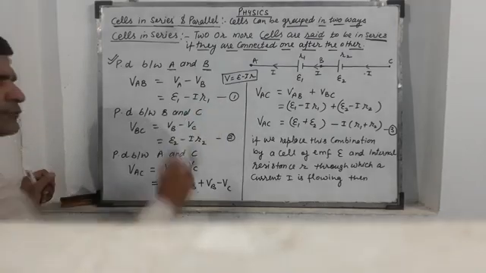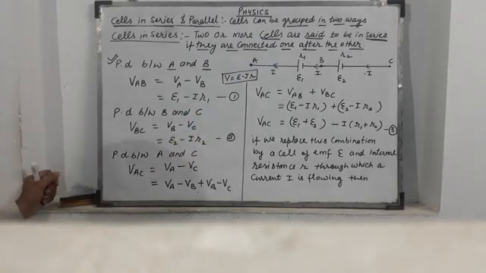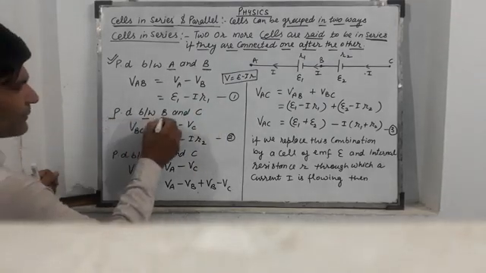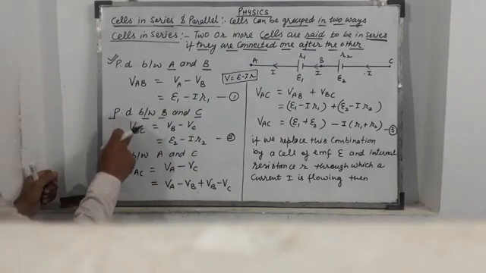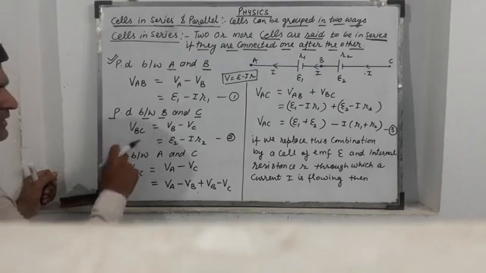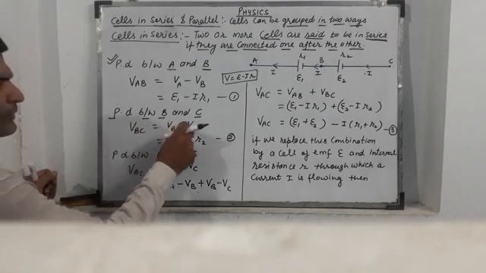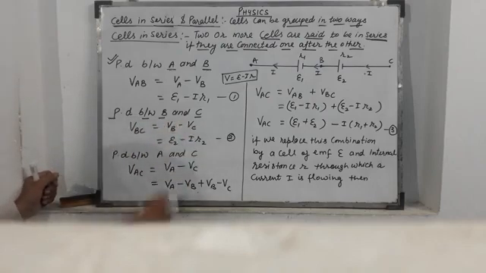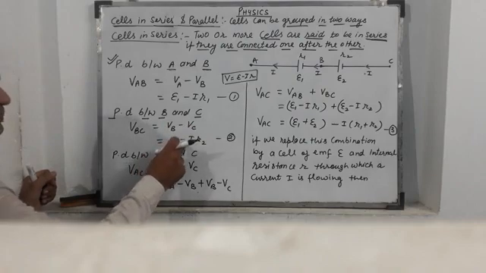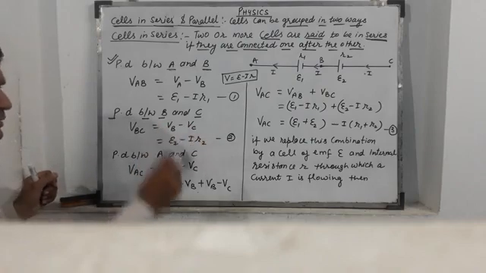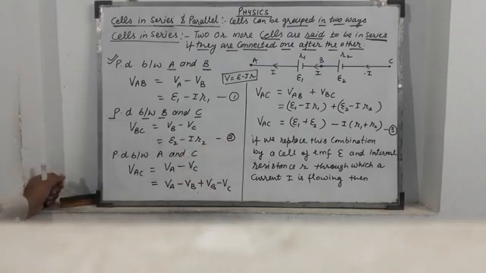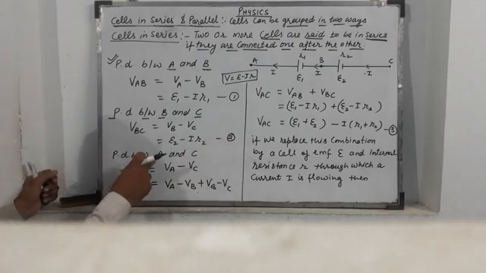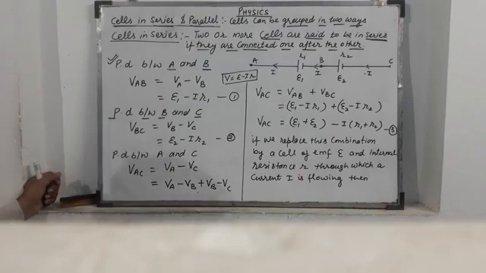This is equation 1. Similarly, the potential difference between B and C, VBC, is equal to VB minus VC, which is equal to E2 minus IR2. This is equation 2.